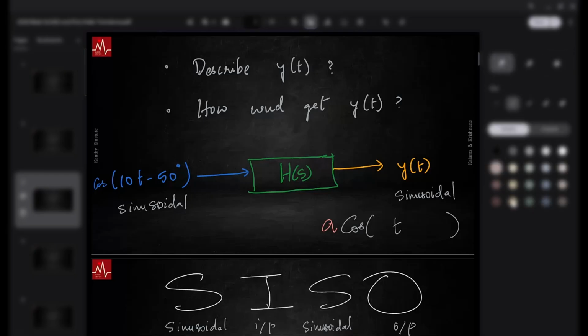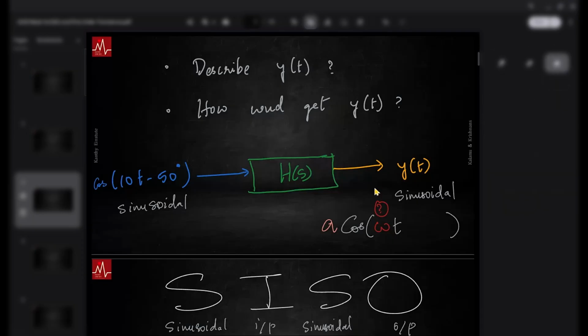And then can the frequency change? What can be the frequency here? Can you guess omega? Frequency doesn't change.